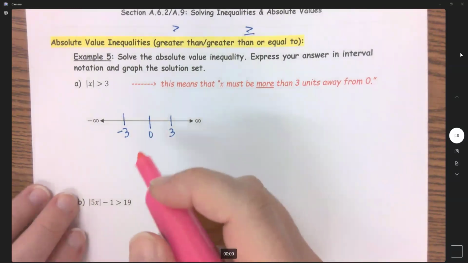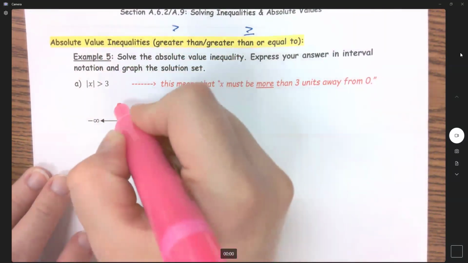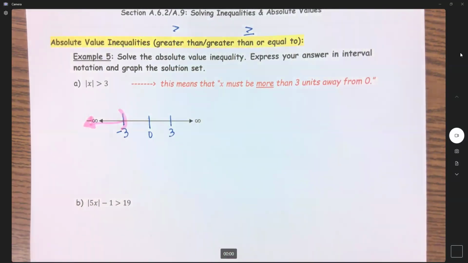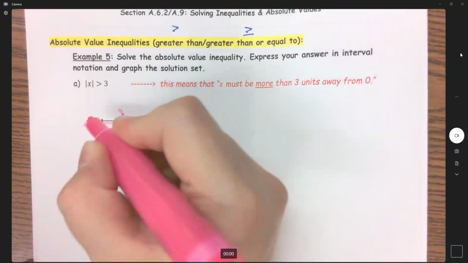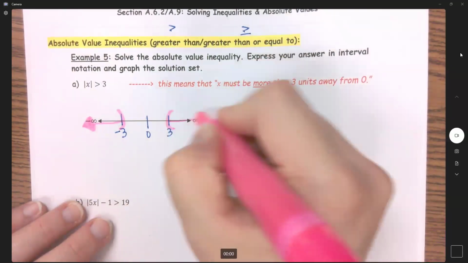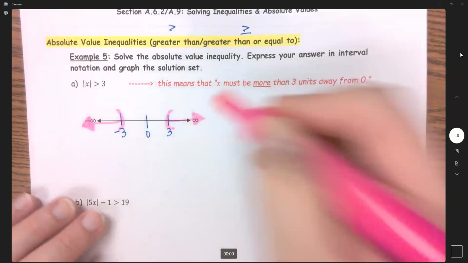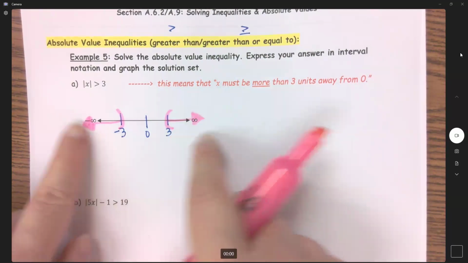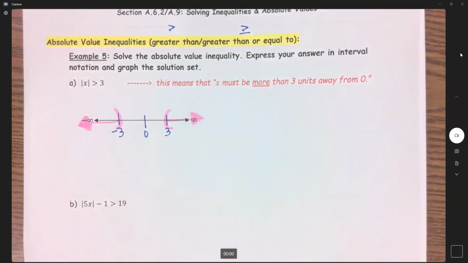Now, if I want it to be greater than 3, I am talking about this portion of my graph, and I'm talking about this portion of my graph. Here's where I have all these absolute values that are bigger than 3.